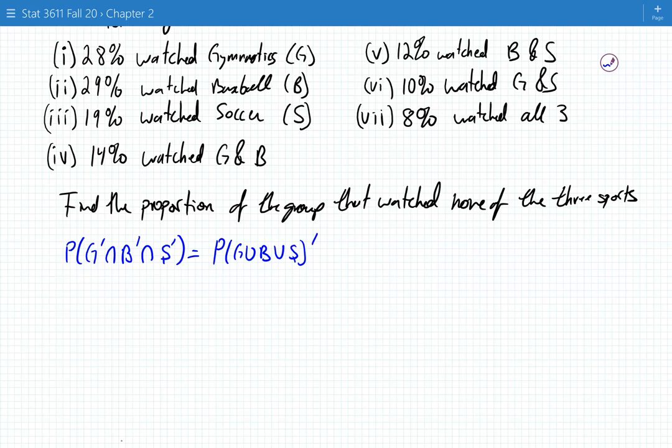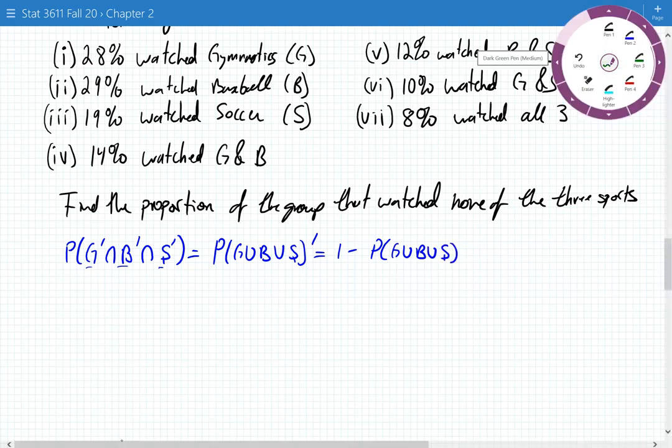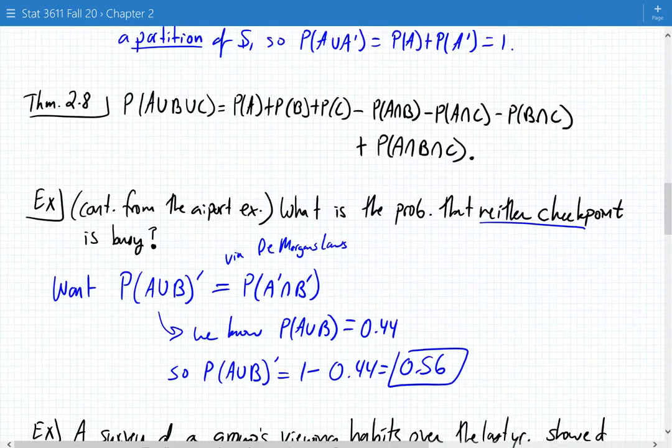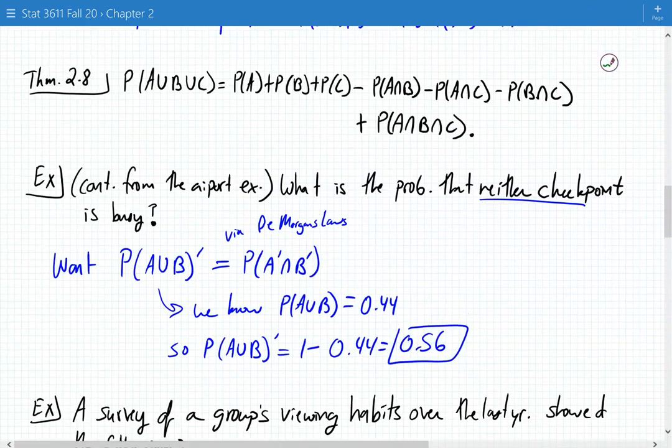So why is that useful? Well, we don't know any of these probabilities, but we can find the probability that someone watched at least one of the three, gymnastics or baseball or soccer, based on using theorem 2.8.